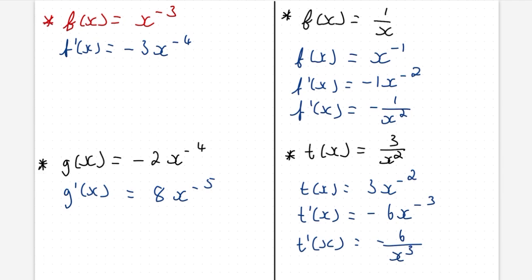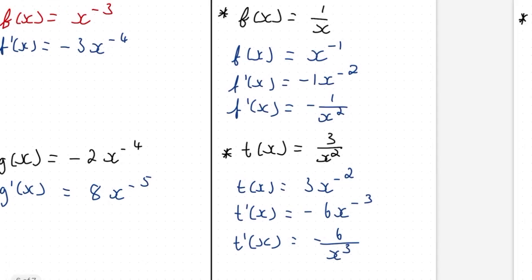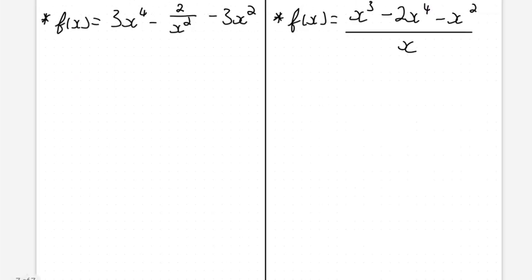Great, let's look at some more complex examples. So let's have a look here. We have here that f of x is equal to 3x to the 4 minus 2 over x squared minus 3x squared. So we're going to treat each of these elements and derive them as we normally would, okay? But as you can see, this guy here is not in the best shape, so maybe we'd want to move that x squared up, make it x to the negative 2.